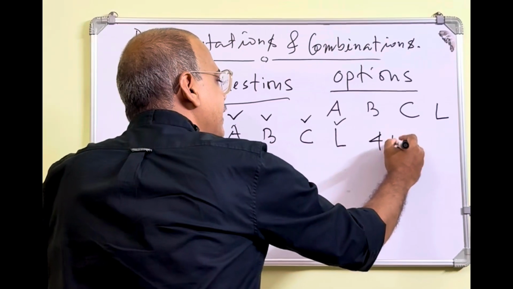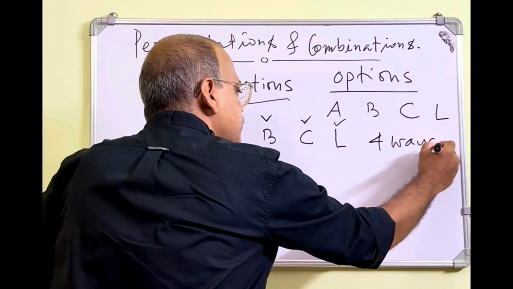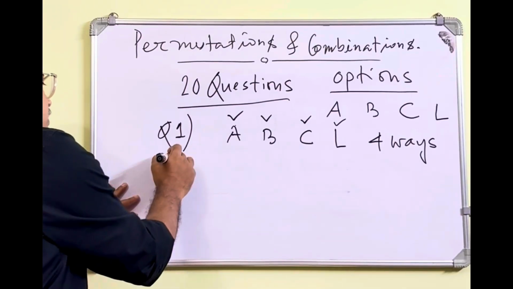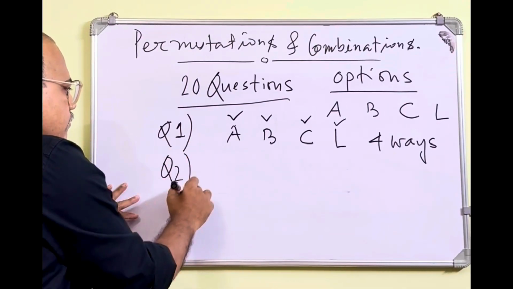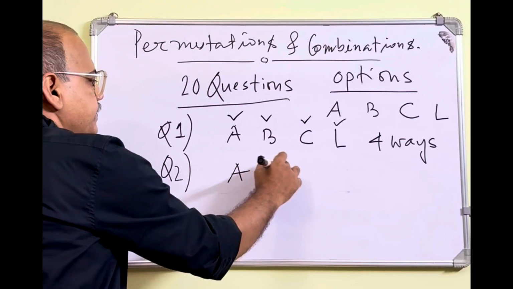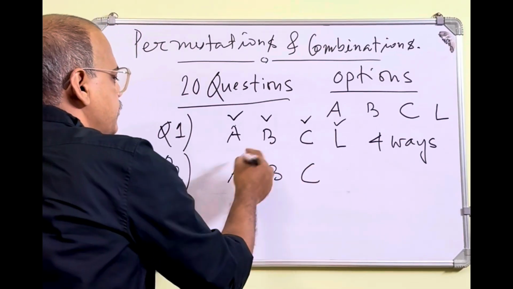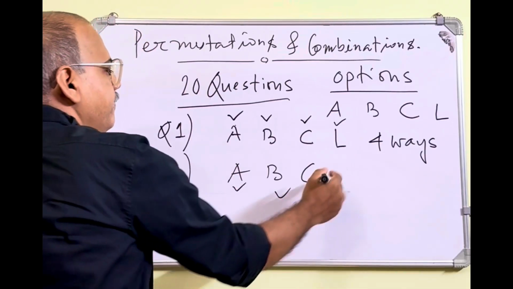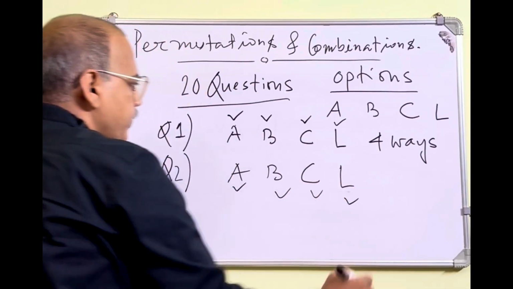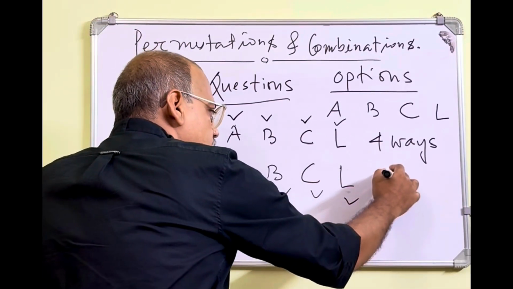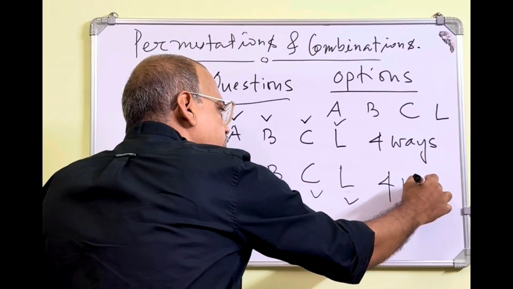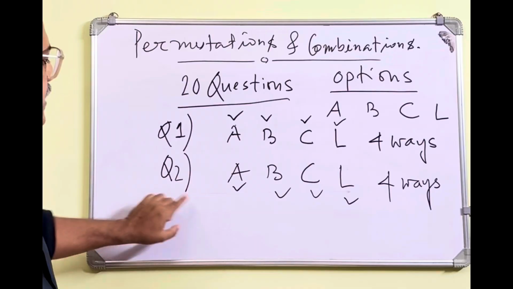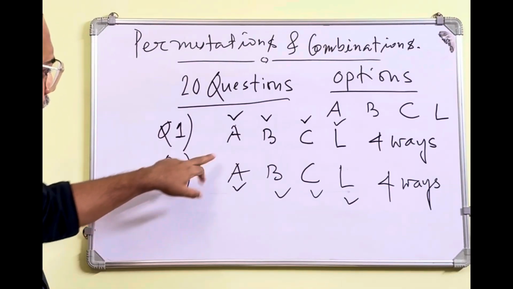Similarly, for question number 2, there are 4 options. You can choose any one of the 3, or you may leave. So there are another 4 ways of choosing question number 2.